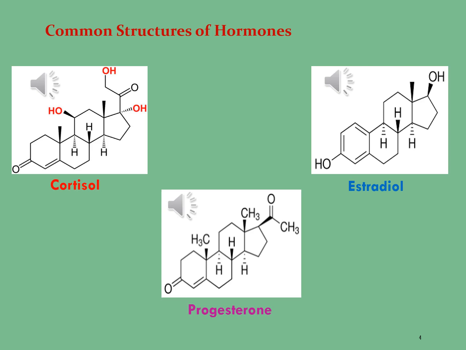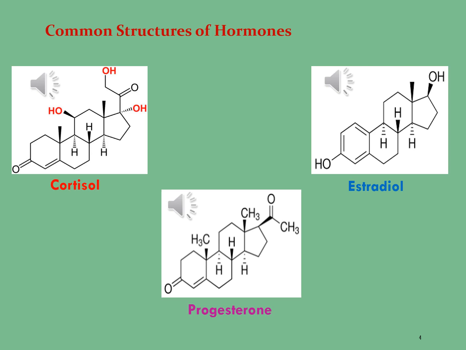The molar mass of this molecule is 272.38 grams per mole, and this molecule can be used as an administrative dosage. It can be taken as oral, sublingual, intranasal, transdermal, vaginal, intramuscular, subcutaneous, and subdermal implants.